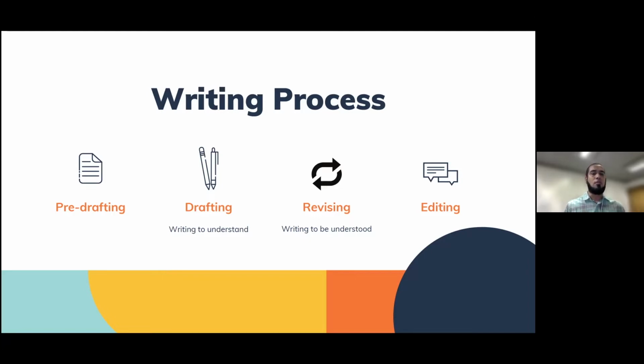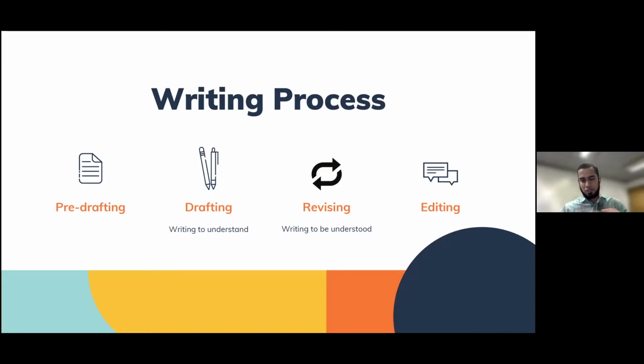So what we recommend is, when you're in the drafting stage, don't worry about those things. Just spit out what you have in your head, and it can be messy. Sometimes you have to learn to be comfortable with a messy draft. It would look odd. It would look like it has a lot of problems. But don't worry, nobody is going to see it. It's for your own understanding.